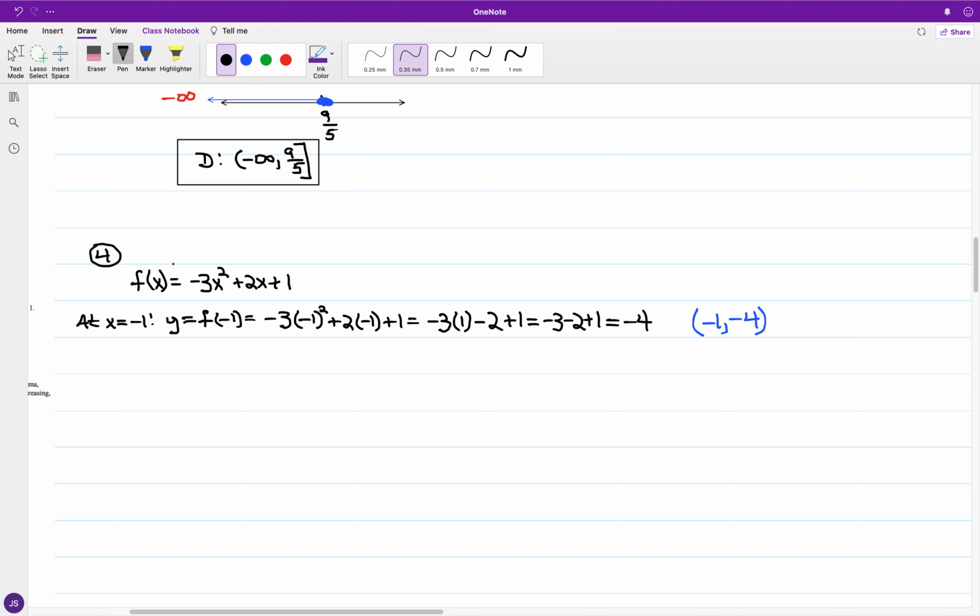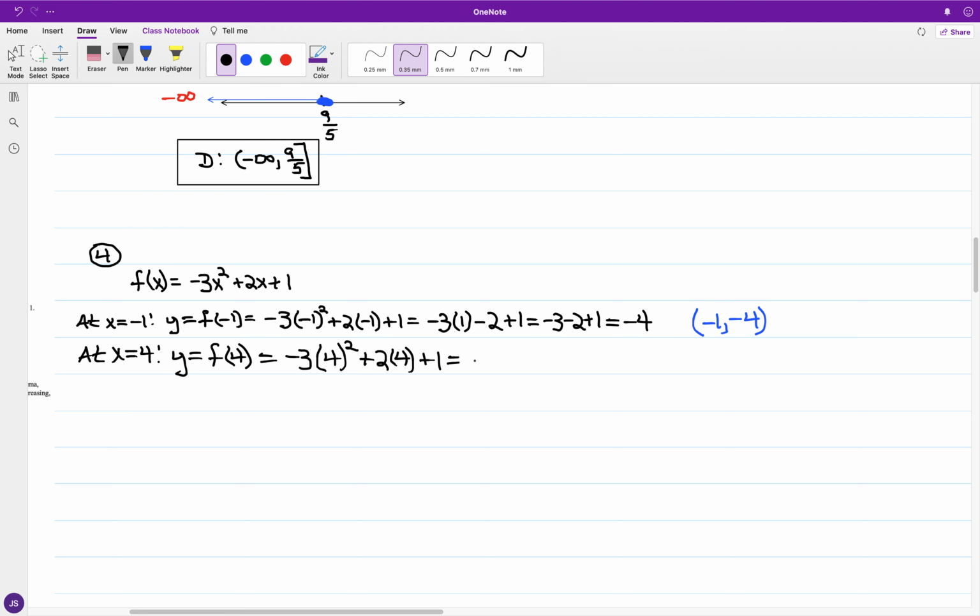And for our second point, we have x is equal to 4. So we have y is equal to f of 4. For -3x squared, we have -3 times the square of 4. Then you have plus 2 times 4, followed by the addition of 1.